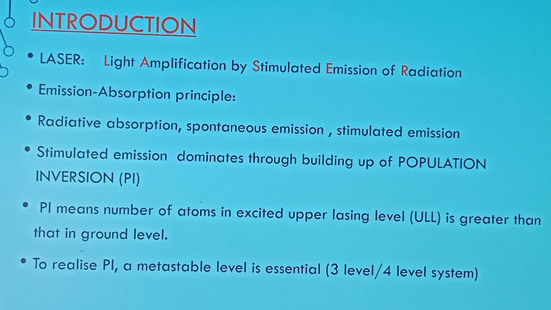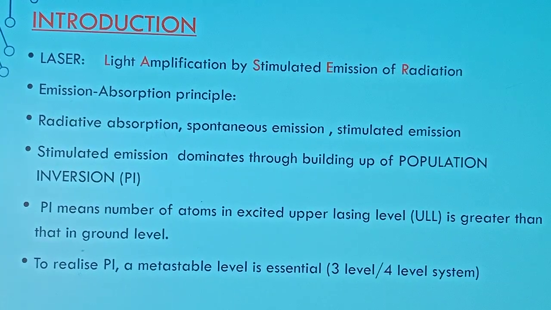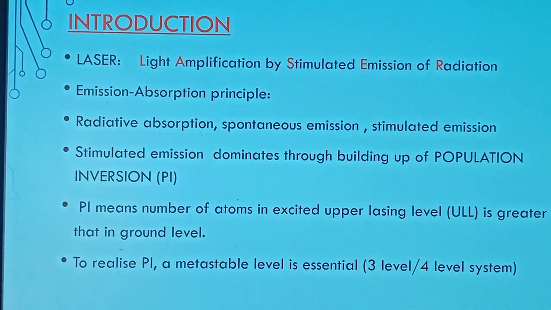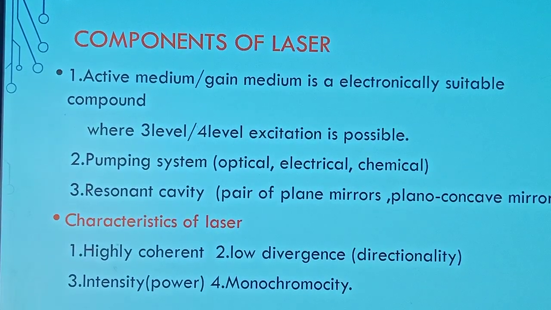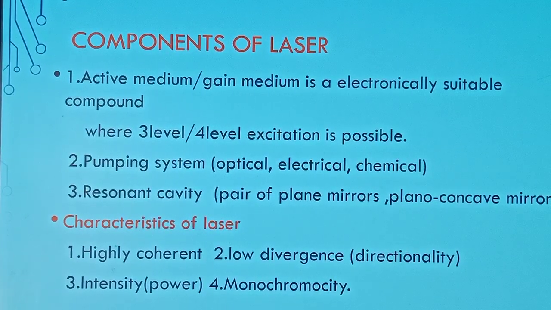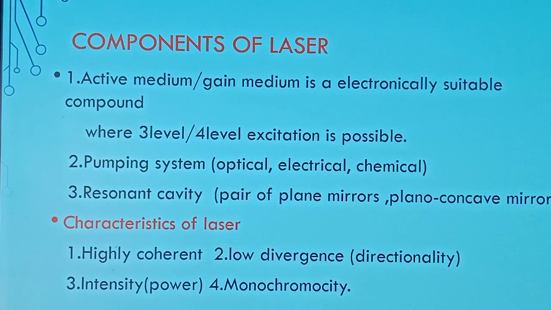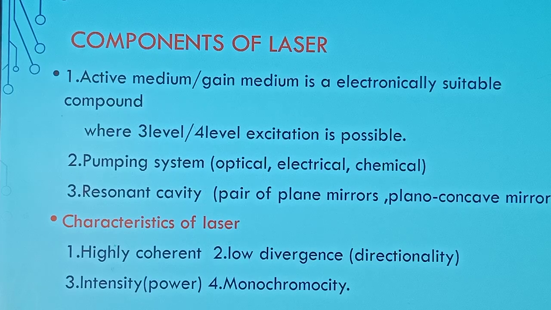In order to achieve this population inversion, we are supposed to have a metastable state. So these are the components. We have to have an active medium. Not all substances or compounds can give us laser. Only a certain medium can give us laser.